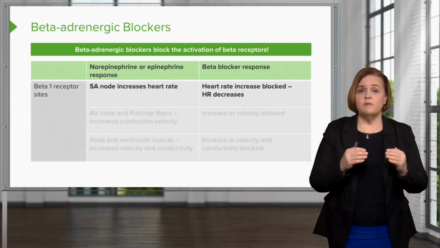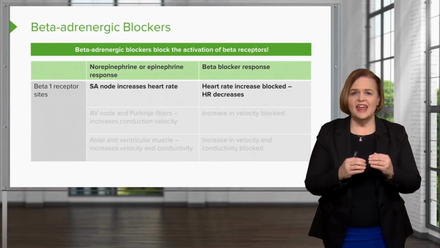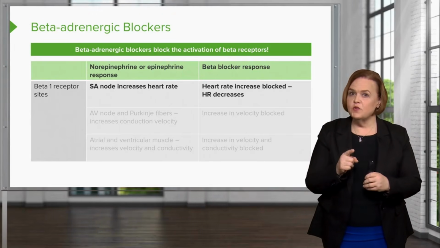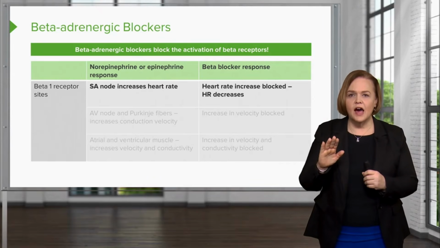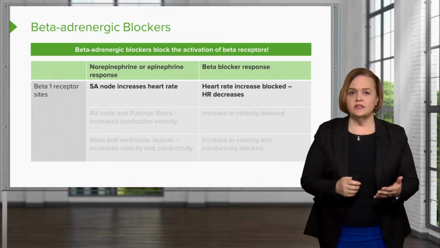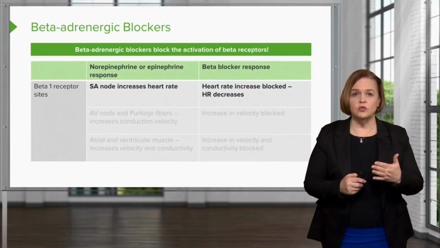If a beta 1 receptor site binds to norepinephrine or epinephrine, the SA node increases the heart rate. But if you've given them a beta blocker, then the heart rate increase is blocked and the heart rate will therefore decrease. So that's an important point with beta blockers. Their heart rate will definitely be lower.